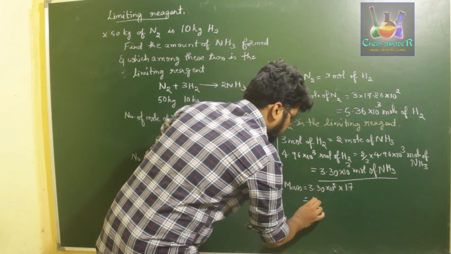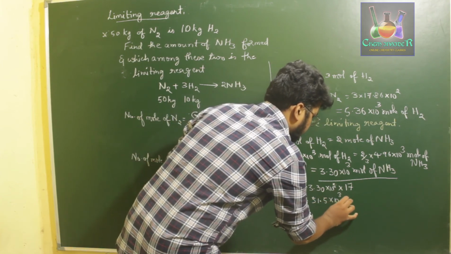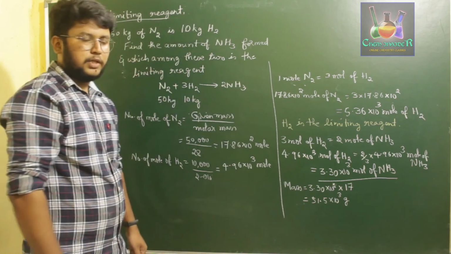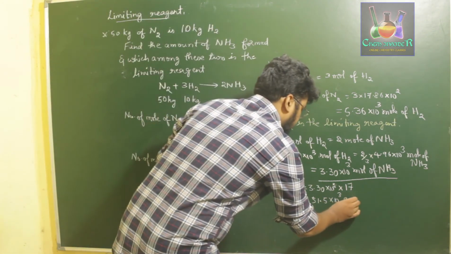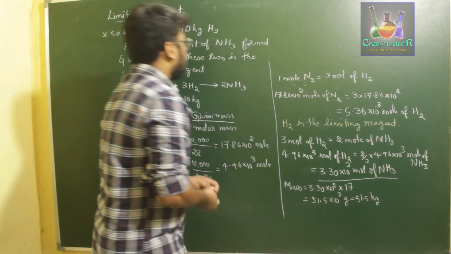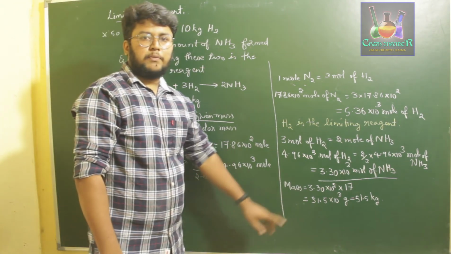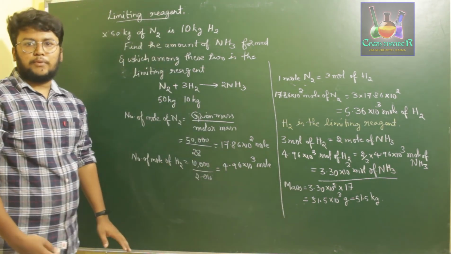On multiplying these two, we get 51.5 × 10^3 grams, which is nothing but 51.5 kg. So if we use 10 kilograms of hydrogen, we are going to prepare 51.5 kilograms of ammonia.